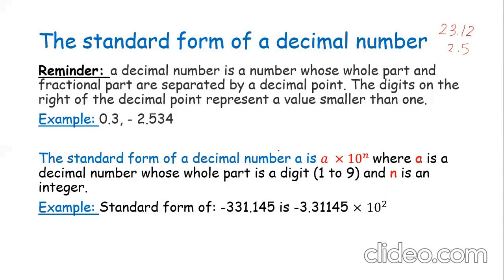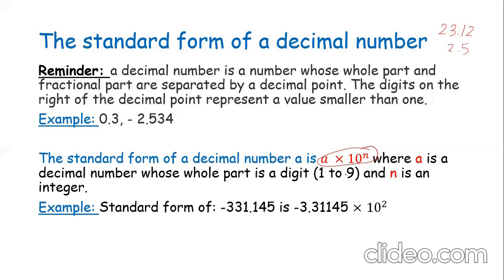So, for example, we have this number minus 331.145. If you want to write it in the form a multiplied by 10 to the power of n, we have first to write the number a, which is a decimal number whose whole part is a digit between 1 and 9.